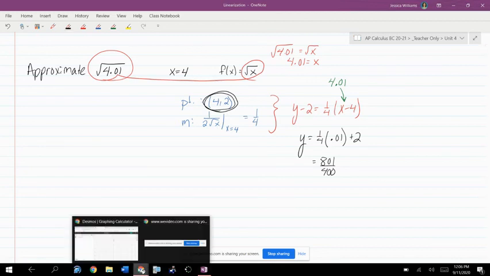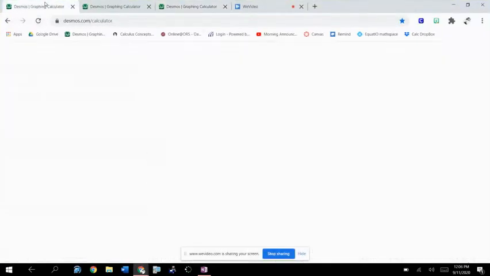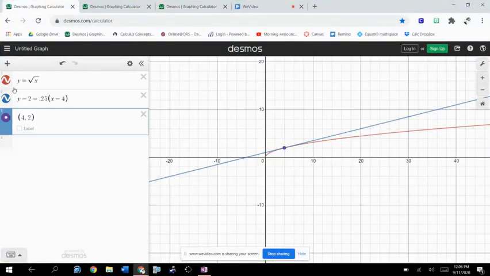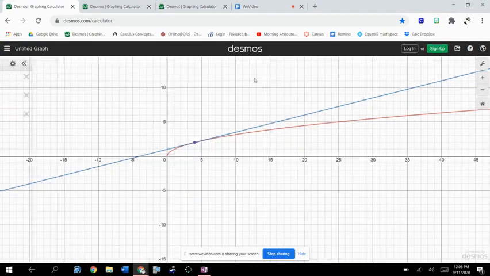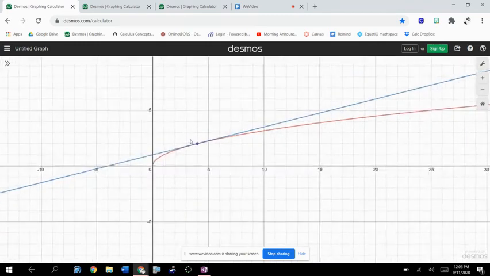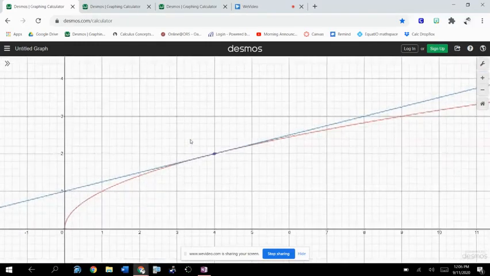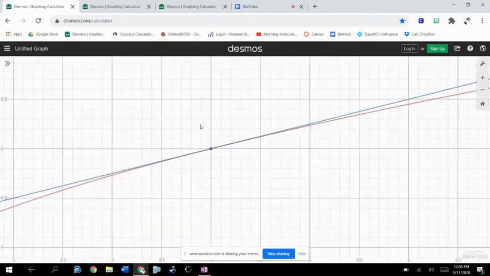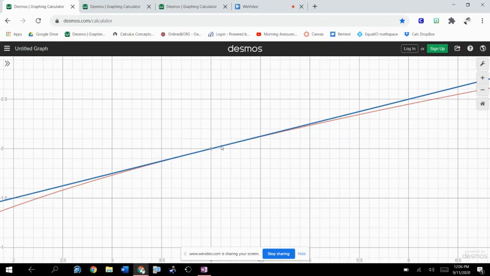Let me show you this one. I put this one on Desmos as well. The red is the square root function. The blue is the tangent line, and then I just plotted that point for you so you could see. We're going to zoom, and zoom, and zoom. This is the point (4, 2). The point that we're trying to approximate is over here at 4.01.